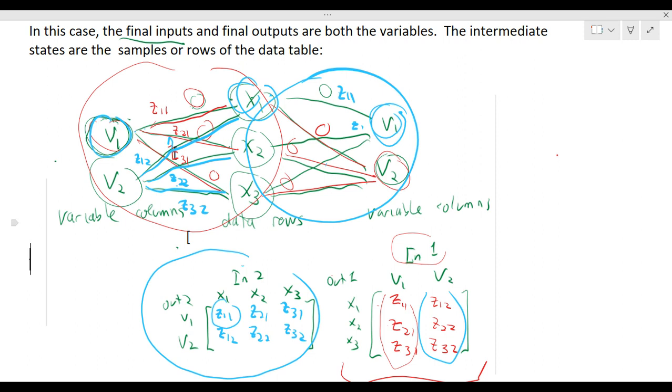So this is Z21. And then this is Z31. Okay. And then the entries that connect to V2, that's going to be the second row here. This is Z12, and then Z22, and then Z32.